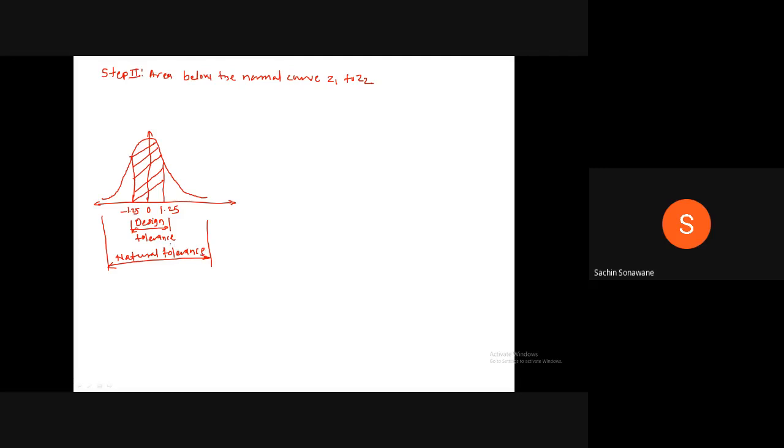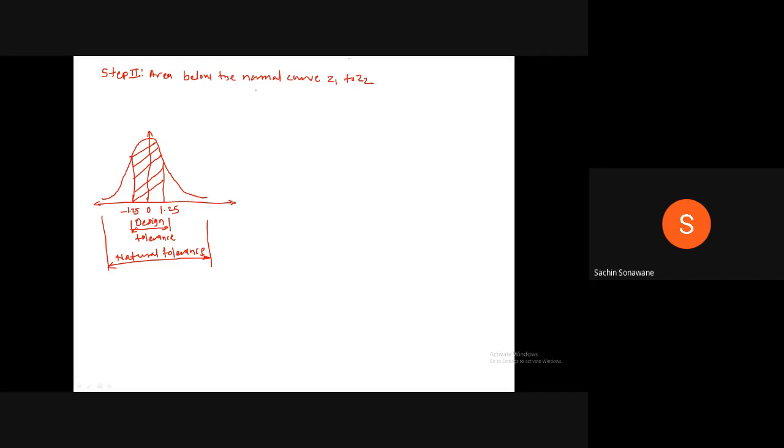Therefore, now from the table, area from 1.25 to minus 1.25 or area between 0 to Z, where Z is equal to 1.25. It is provided in the problem.